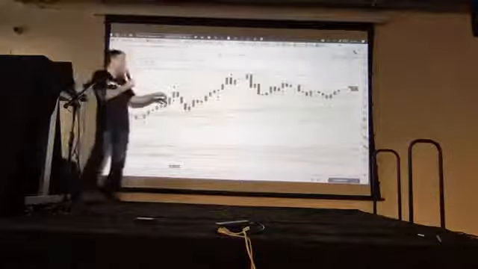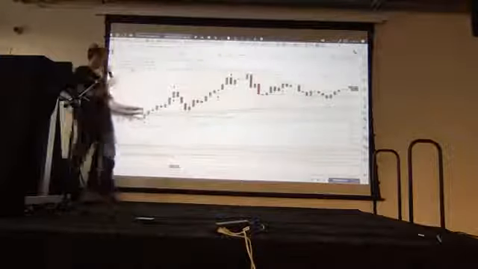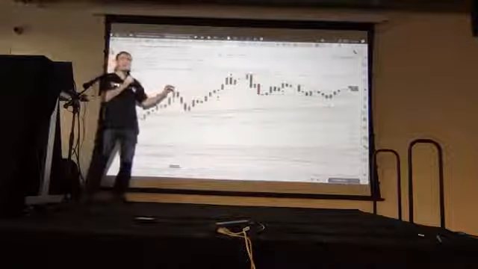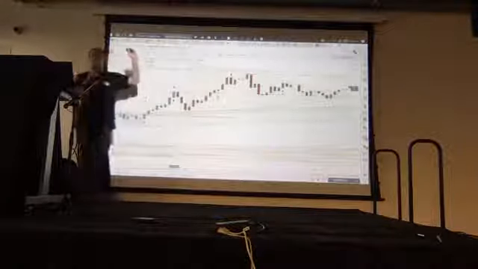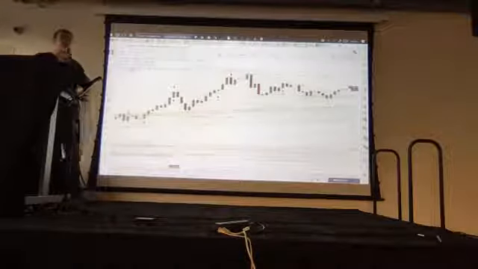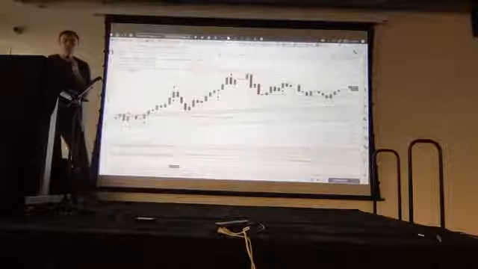Now, this is the case where all things are not equal. When this daily 9 is being hit, I'm like, where are my probabilities? Well, the weekly tells me that there's more upside. So there's a higher probability that this 9 is going to be ignored.